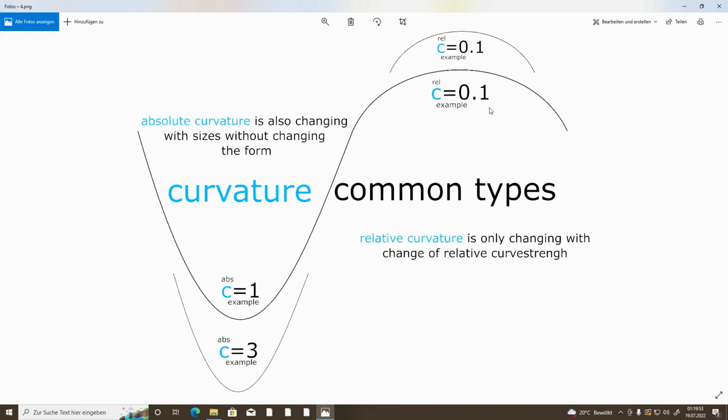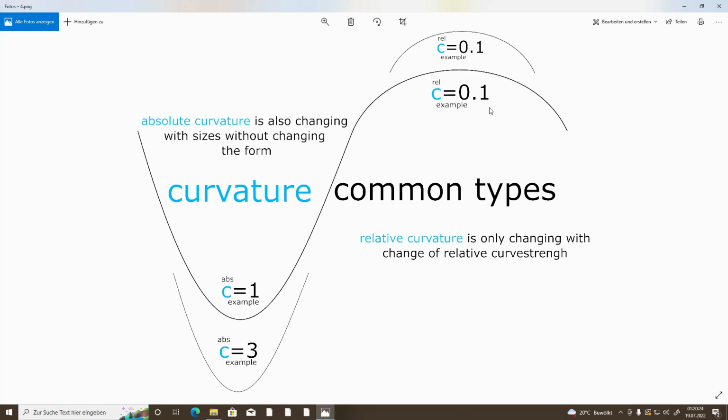So when we go to the common types, there are two types, the absolute curvature and the relative curvature. Normally, I think in science, people only use absolute curvature. Relative curvature is just because I found it interesting that you can also describe relative curvature.